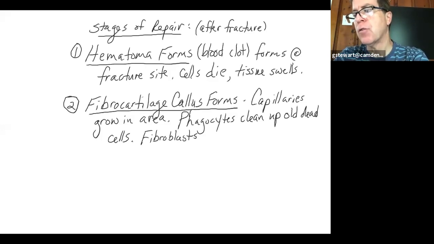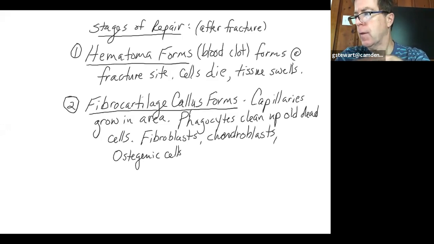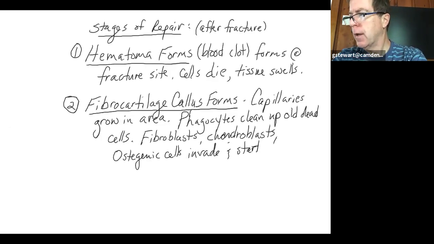Fibroblasts and chondroblasts and stem cells, osteogenic cells, go to work. So they invade this area and start laying down new bone tissue.